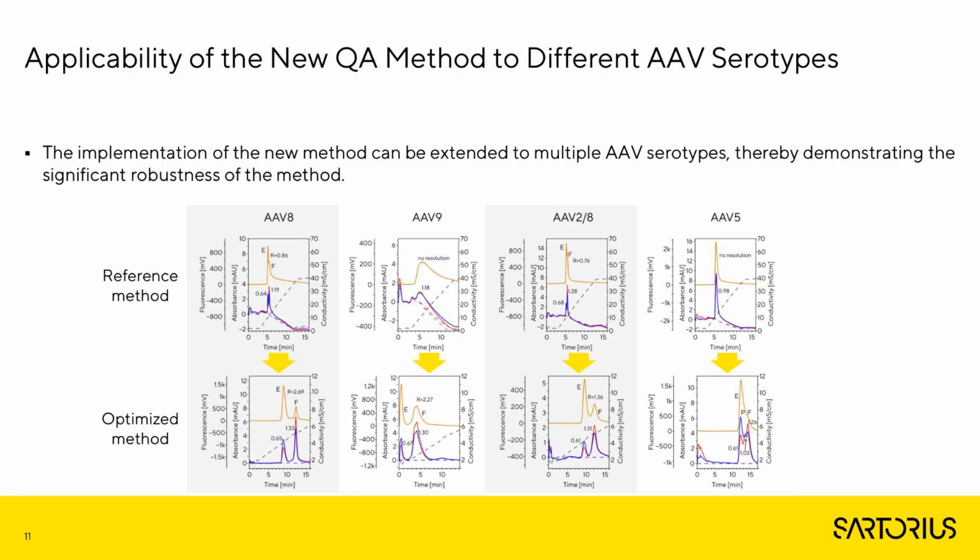These are all linear salt gradients. However, with the optimized method, we really nicely see the empty peaks as well as full peaks, which is indicated by the UV 260 to 280 detector. This method will need to be slightly optimized, because the full capsid peak is not a symmetrical sharp peak.